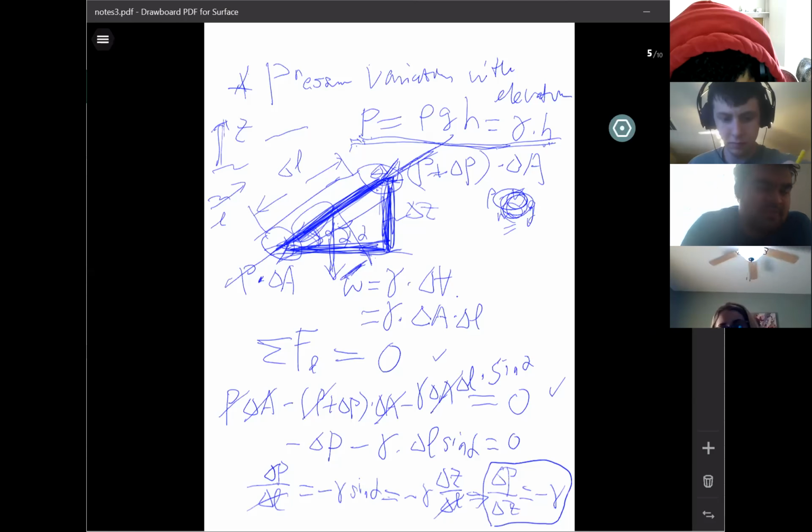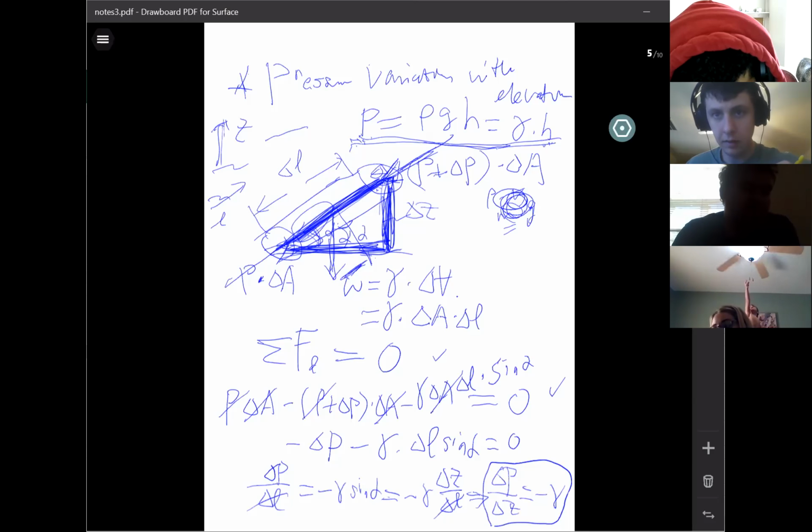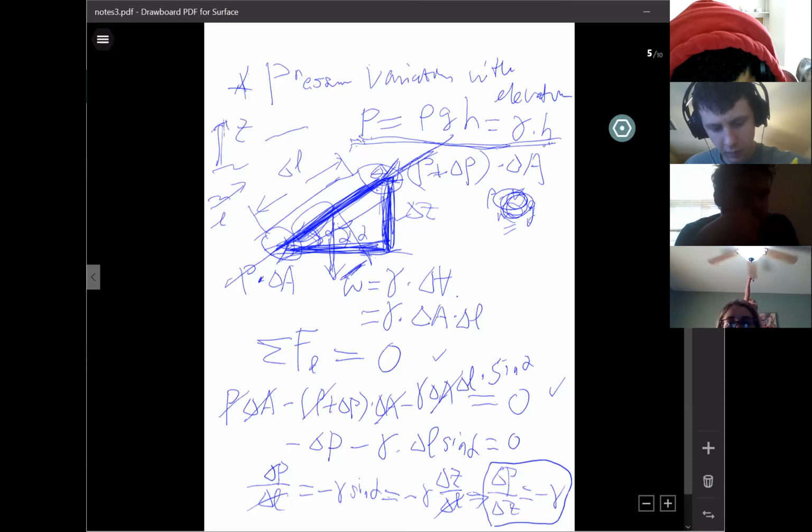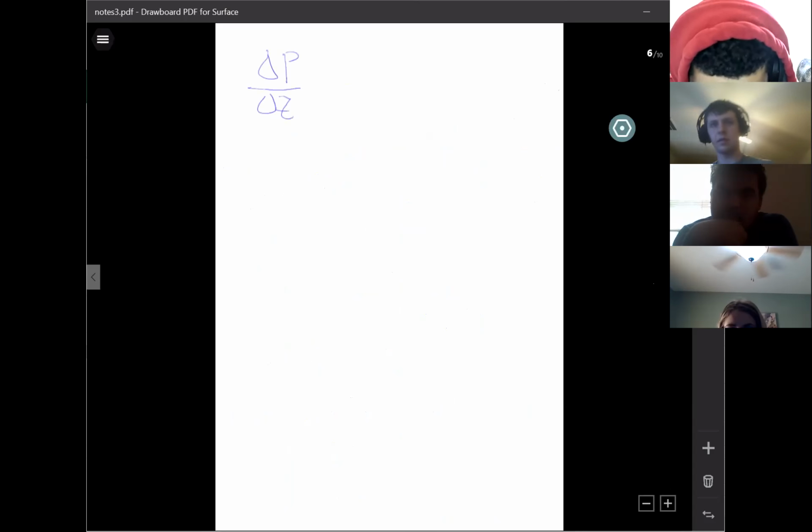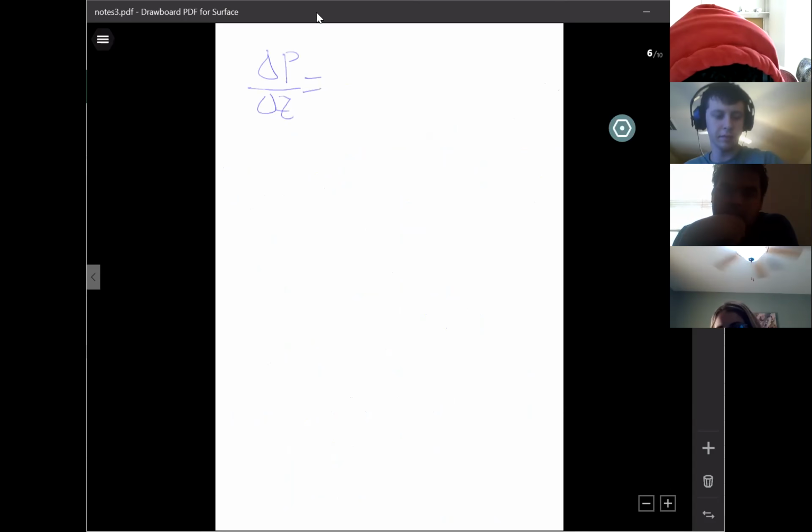And the left-hand side, delta P over delta Z, what does that mean in calculus? Write this down: delta P over delta Z equals negative gamma.